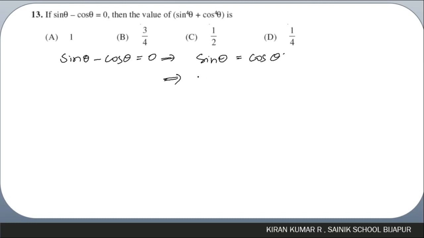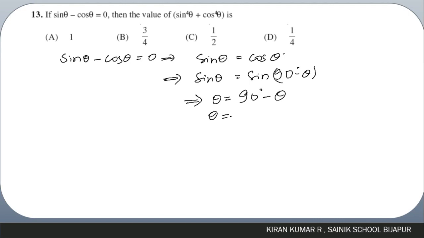From this, sin theta can be written as sin of 90 minus theta by complementary relation, which implies theta equal to 90 degree minus theta. The value of 2 theta becomes 90 degree, theta will be 45 degree.